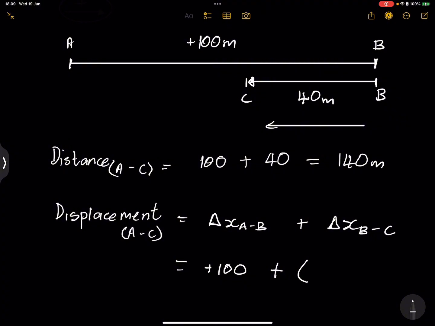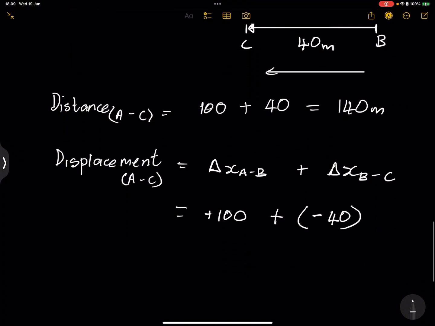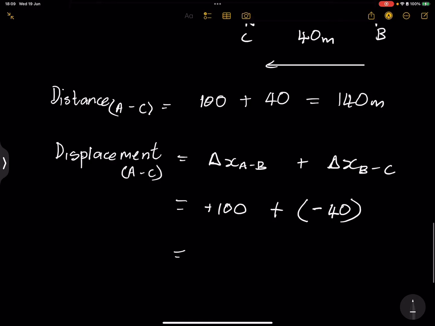So as a result, that's minus 40 meters. So the displacement from A till C would actually be a positive 60 meters, right? So that would be 60 meters in which direction? To the east. Remember, we considered that going to the east is positive. All right, so that's very, very important.